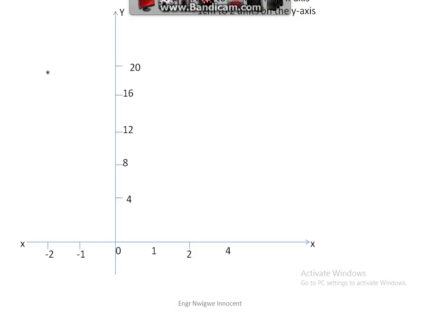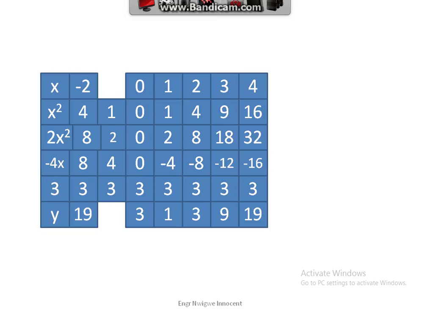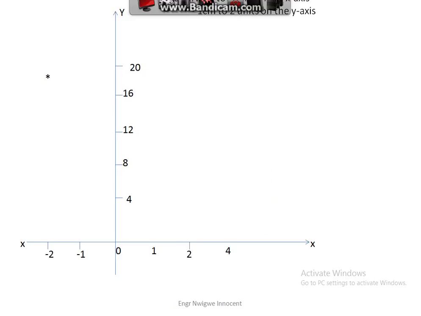Then again, we go to the table and look for the next value of x, which is minus 1. Under minus 1, we have 9, which is y.